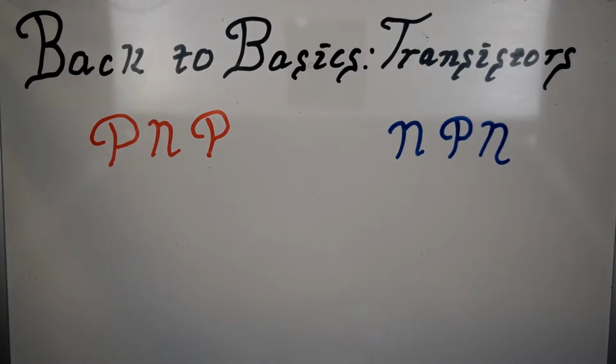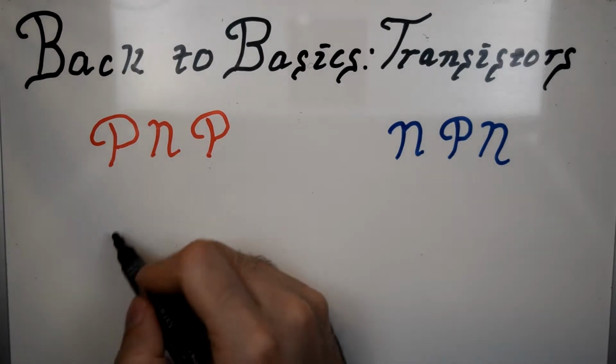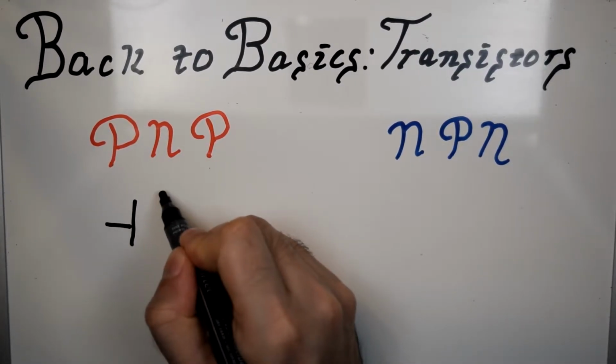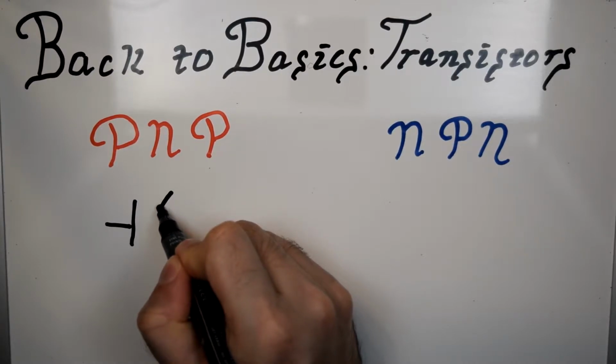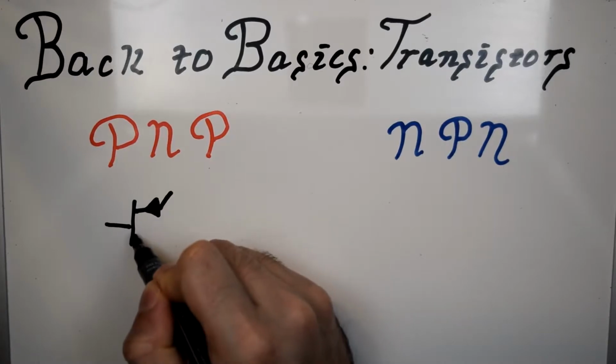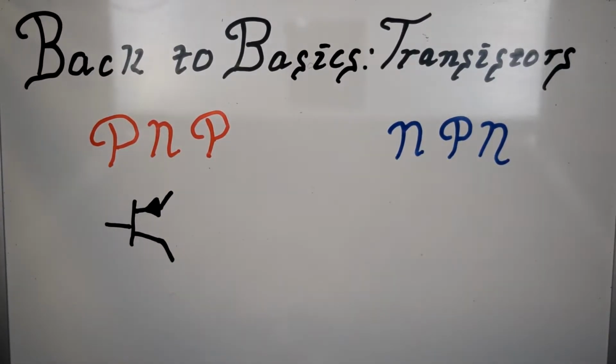And they are basically the same device except for their construction. So the symbol for a PNP transistor looks a little bit like this. Actually, those are typically straight.